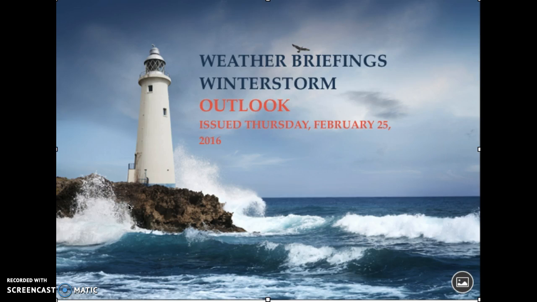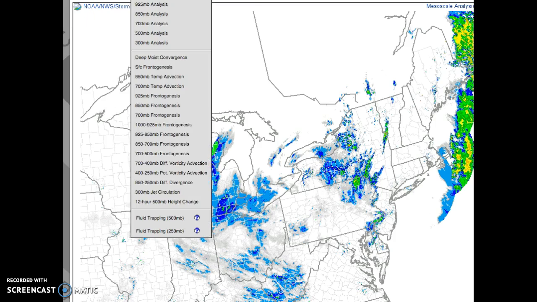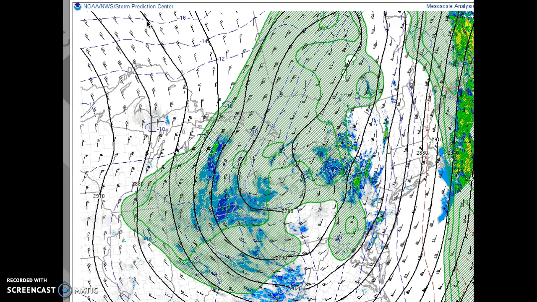Let's go ahead and show you what our 14-day outlook looks like. Let's take a look at the current storm, starting with the 500 millibar wind field, which we will add to our map here. If you look at the winds at 500 millibars, you see a significant low trough over the Ohio Valley.